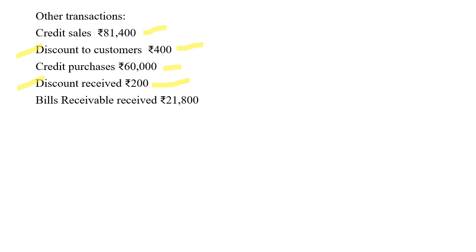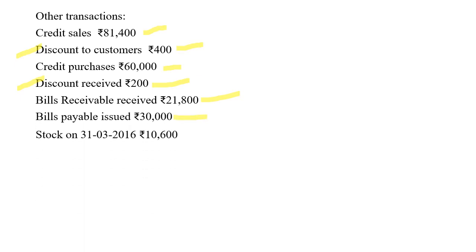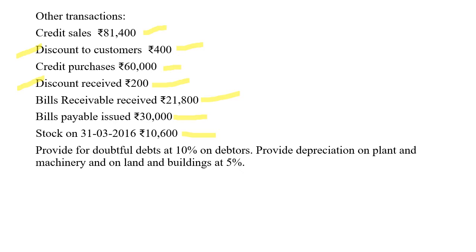Bills receivable received 21,800, bills payable issued 30,000, stock on 31st 3/2016, closing stock 10,600, provide for doubtful debts 10% on debtors, provide depreciation on plant and machinery and land and building at 5%.